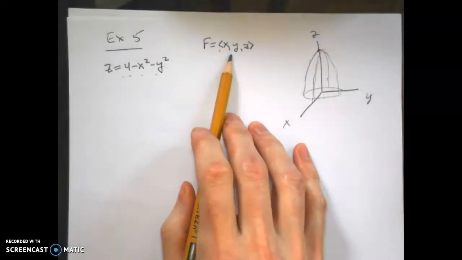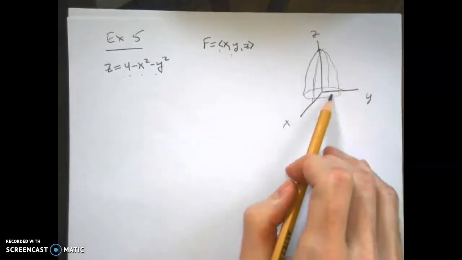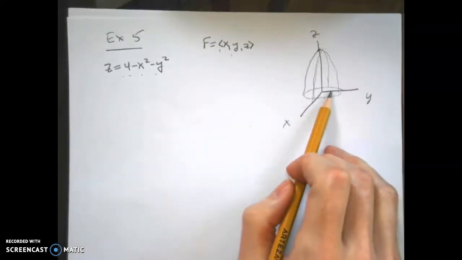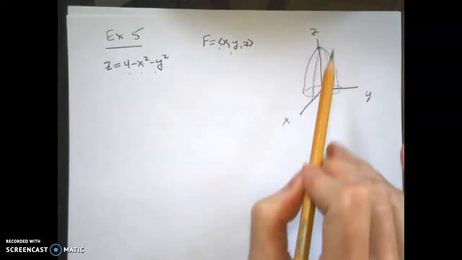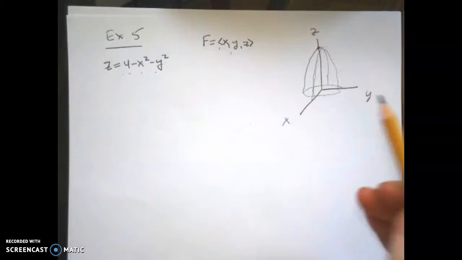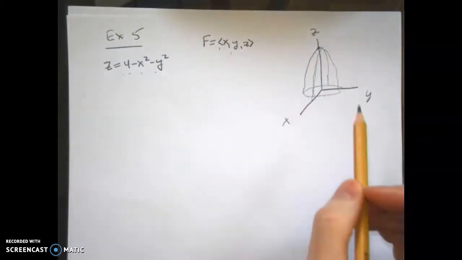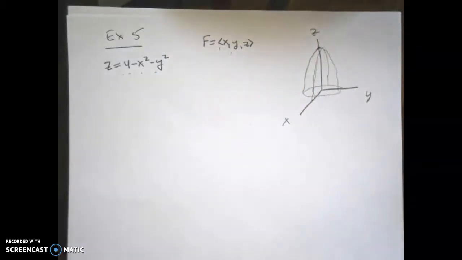And they said it also has an upward unit normal vector. Since this is an open surface, and the base is not given, we would need to know if the flow is going upwards or downwards. When not given, the natural orientation is always upwards, but they do tell us that in this case.